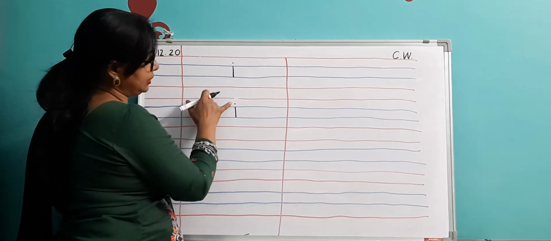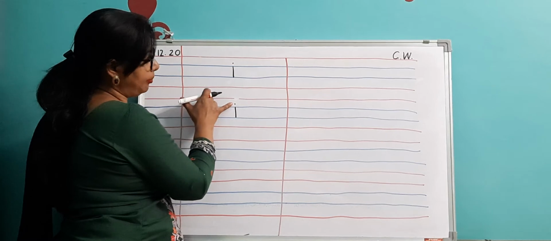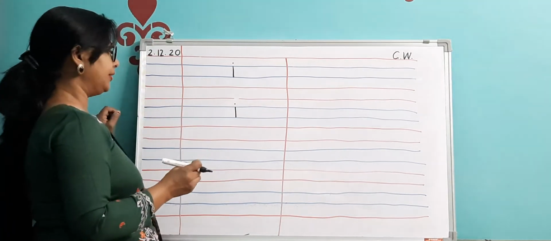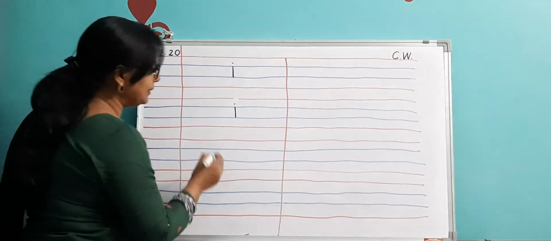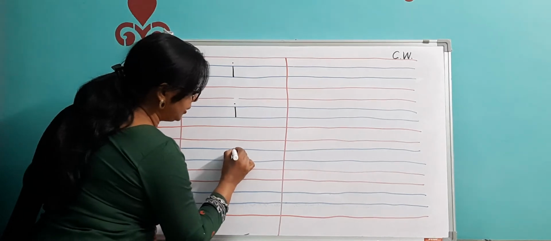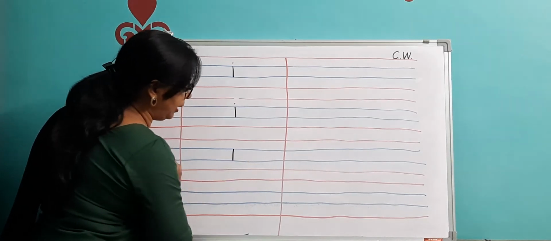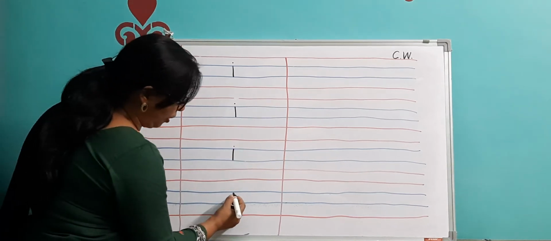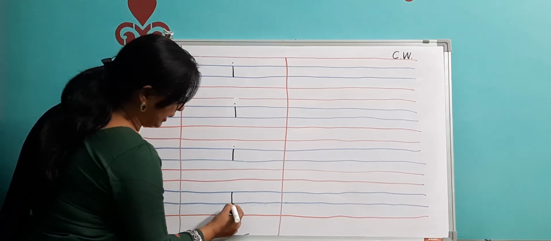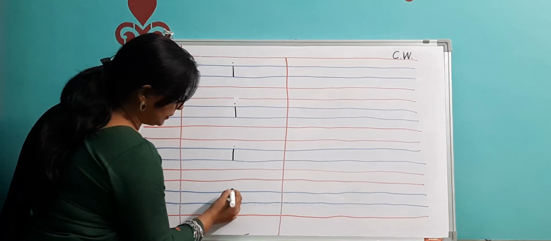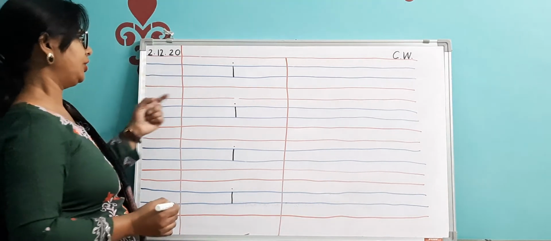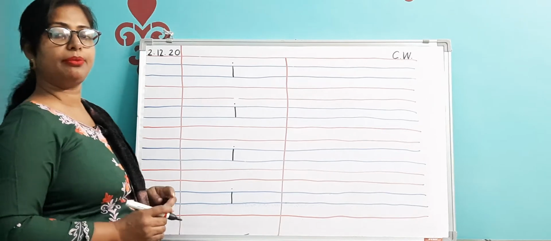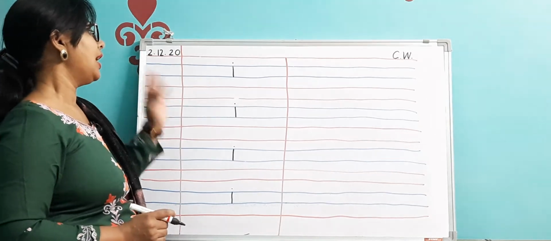You have to put a dot a little above this standing line. Once again, from the second line till the third line, draw a standing line and a dot. Now this has become small i. Which alphabet is this? This is small i.